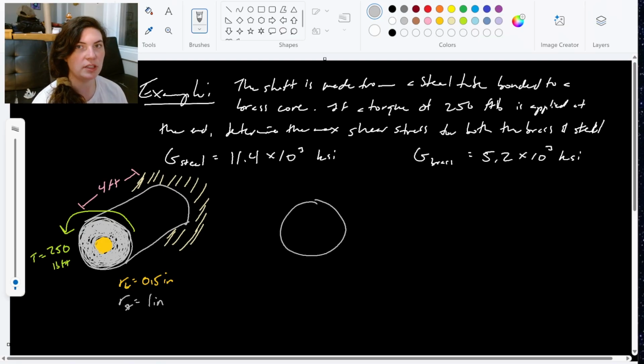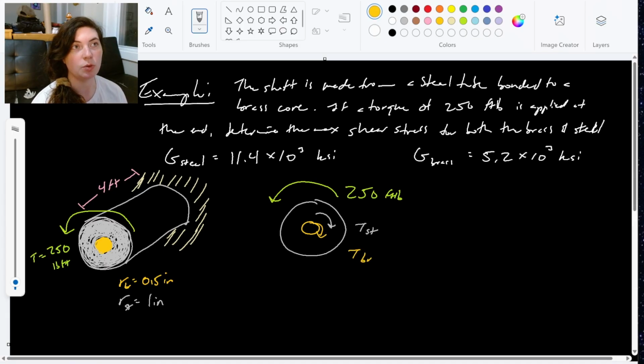So for these dual cores, this torque is causing a torque in both the brass and the steel. Right, so this 250 foot-pound applied torque is causing a reaction in both the steel here, torque steel, and the brass.